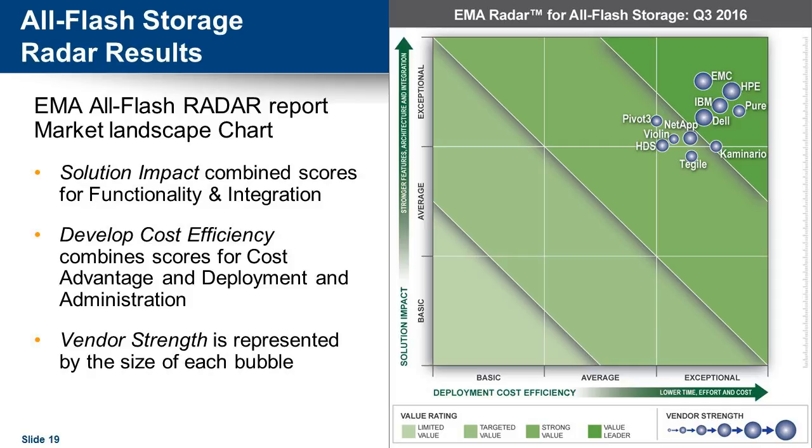Lastly, a fifth element is the bubble size, which is an indicator of the vendor strength that I had talked about earlier. So vendors that most effectively balanced solution strength and cost efficiency landed in that dark green triangle in the upper right and are identified as value leaders.